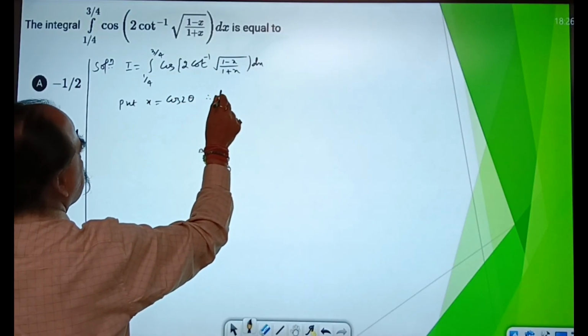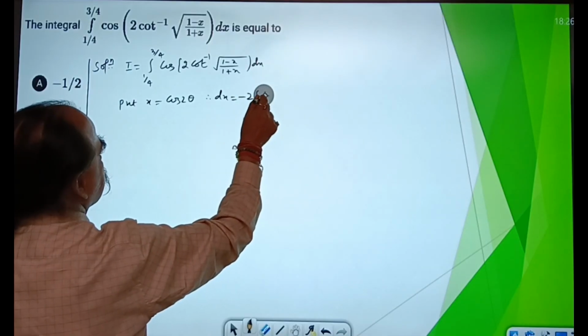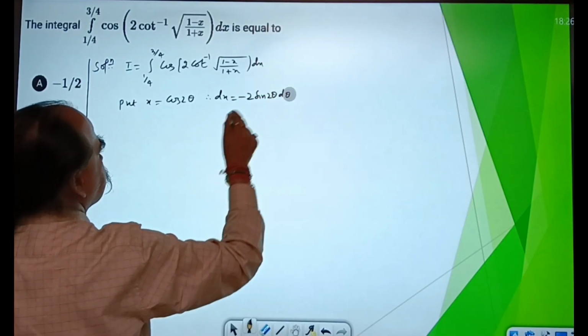So dx is what? Minus 2 sin 2 theta d theta.